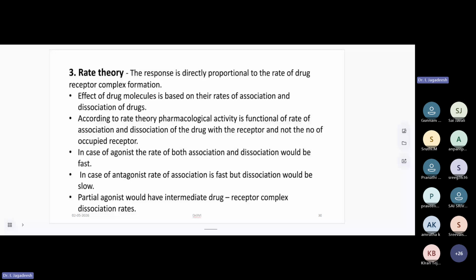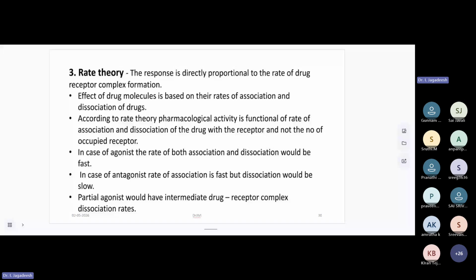In the case of an agonist, what the rate theory says is that the rates of both association and dissociation will be fast. They are acting as agonists. In the case of antagonists, association is fast, but dissociation is slow. That is the reason the antagonist is sitting in the pocket. It is not allowing the endogenous ligand to attach there.